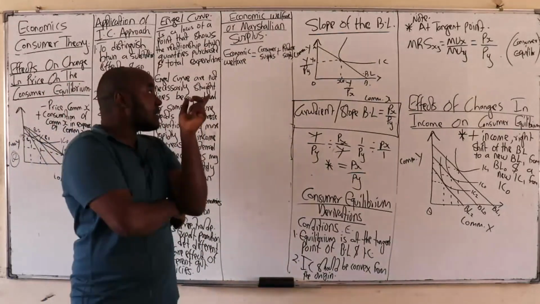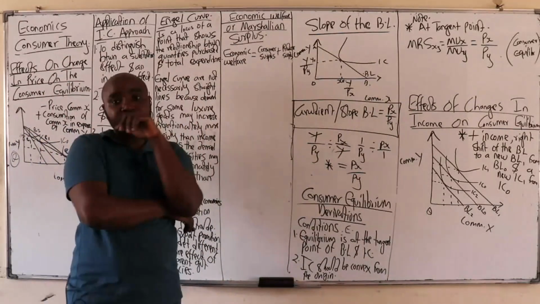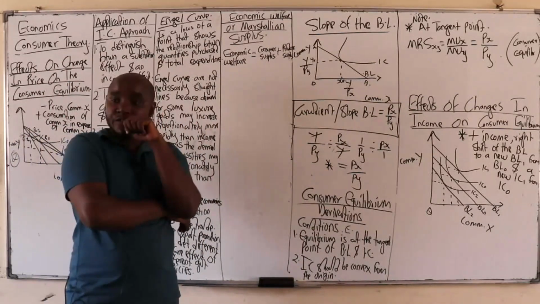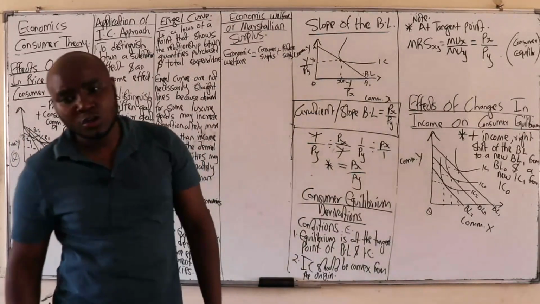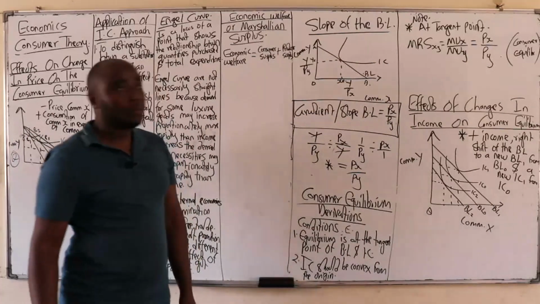That is, economic welfare equals consumer surplus plus producer surplus. That is what we mean when we talk about economic welfare.